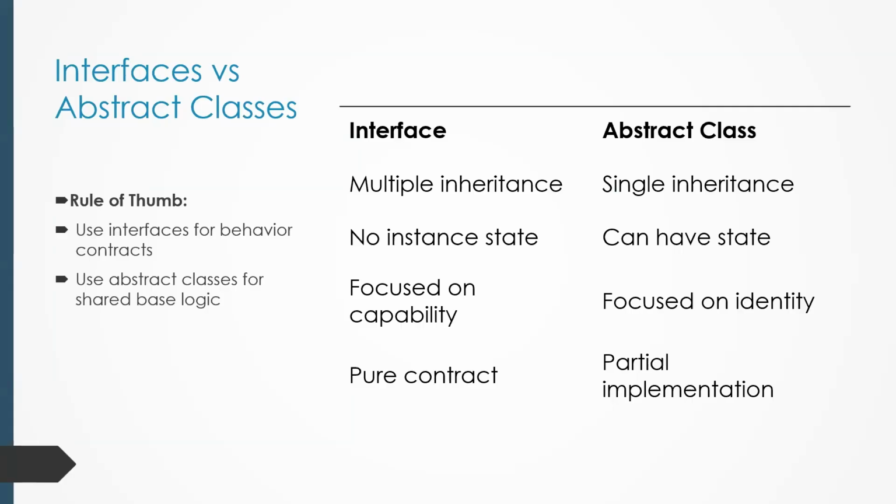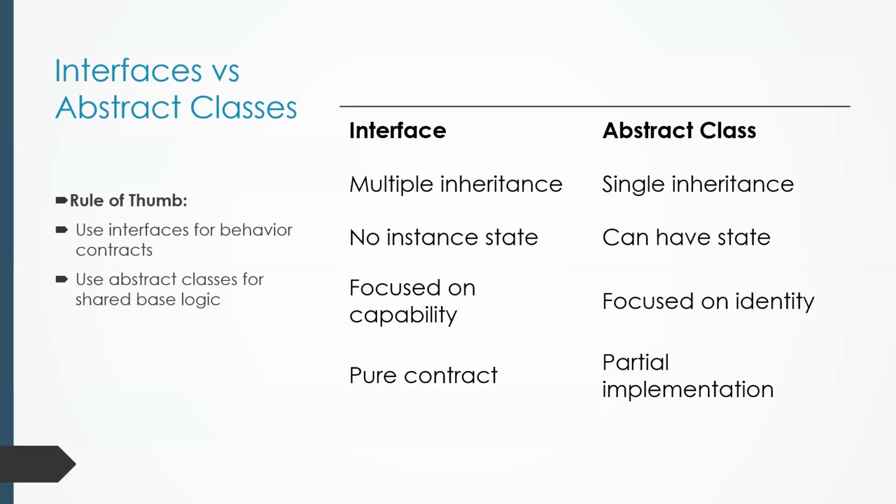Interfaces focus on capability. They focus on functionality. Abstract classes focus on identity. Interfaces are pure contract. Abstract class, partial implementation. So let's explain these.